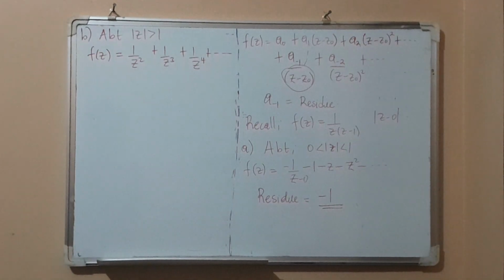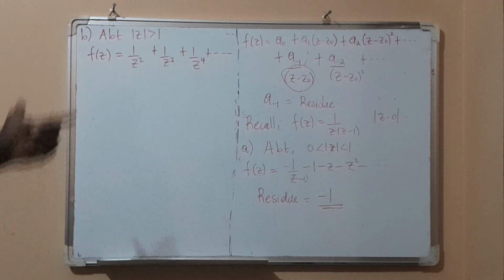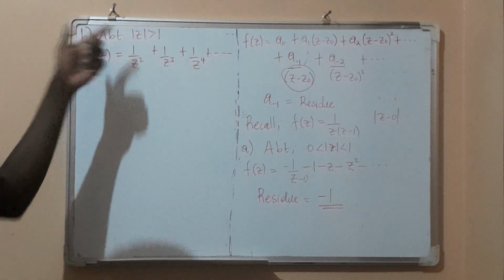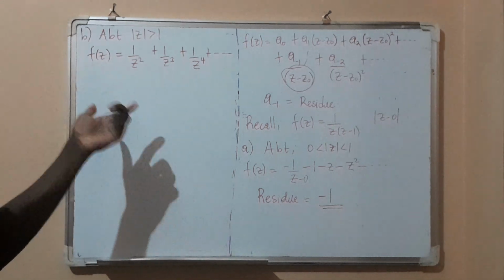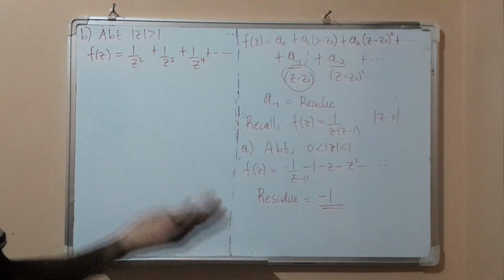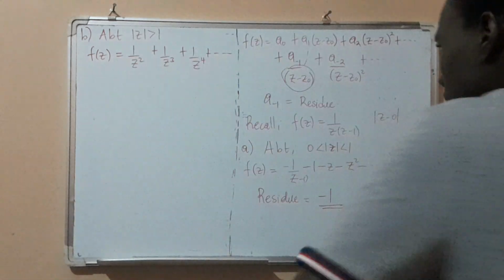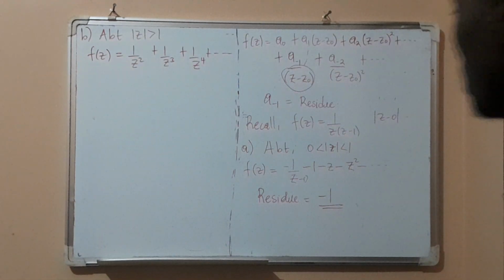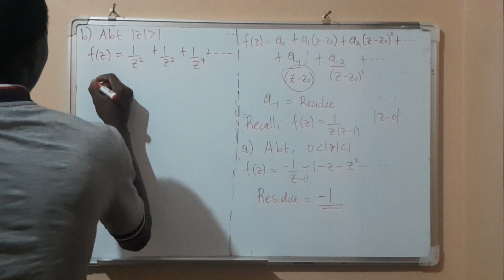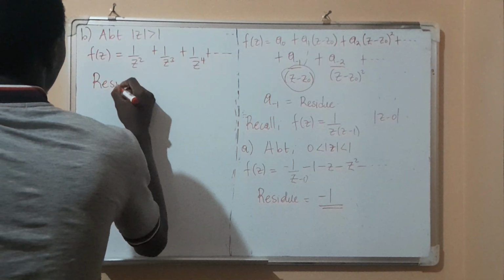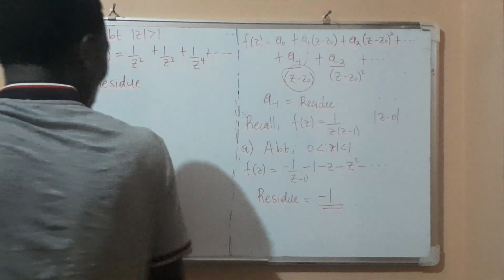It's like we don't have the analytic part for this example. The analytic part is 0 for this series representation considering the domain. So the principal part now has an infinite number of terms. Analytic part is 0.